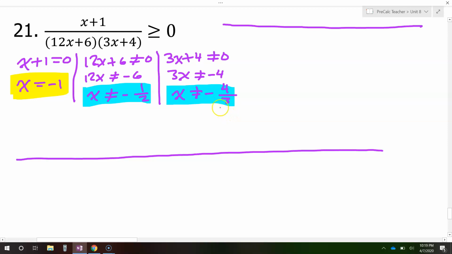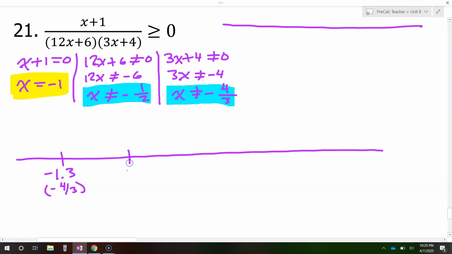Okay, -4/3, that's like -1.3, right? Putting that in my calculator real quick. 4 divided by 3. Yeah, so -4/3 is going to be -1.3, approximately. Maybe I should just also say that this is -4/3. And then close by, we have -1, which is not very far apart at all.